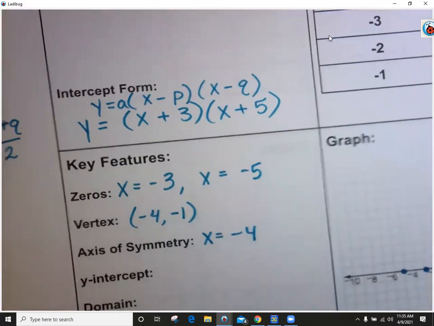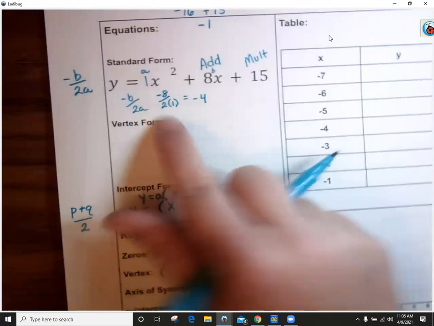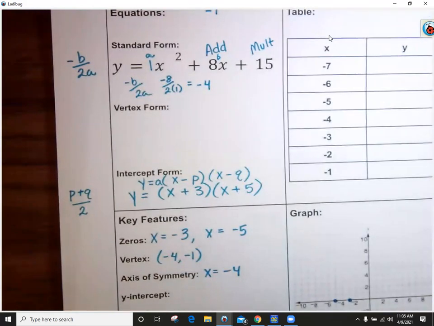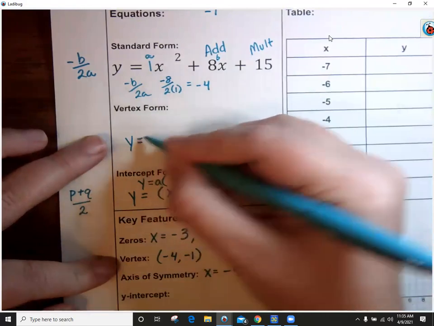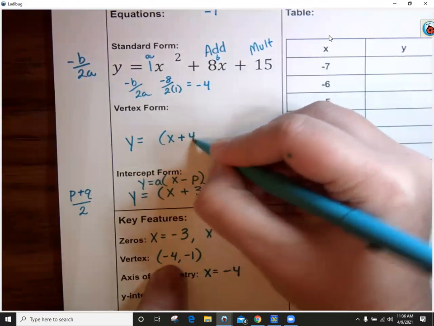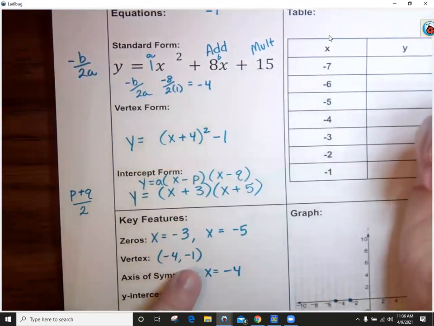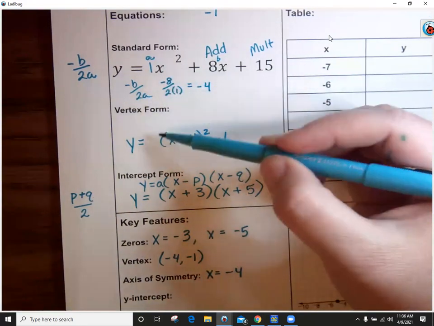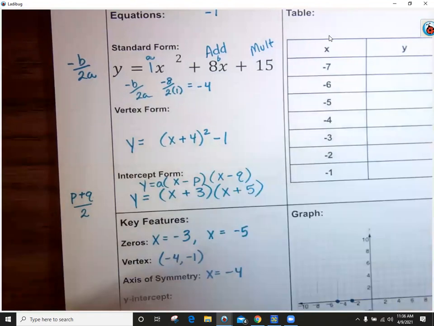And we found that by doing -b/2a from standard form. And if we know the vertex, now we can write vertex form. This is going to look like a +4 when you plug it in, and then a -1 at the end. And the a value would just stay an invisible 1. So it would be the quantity x plus 4 squared minus 1.